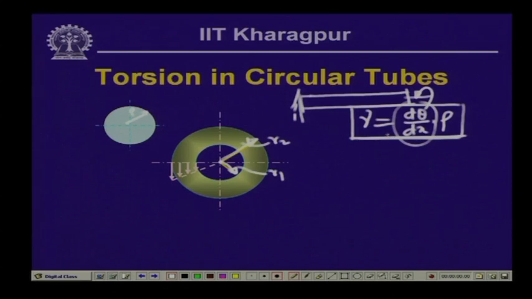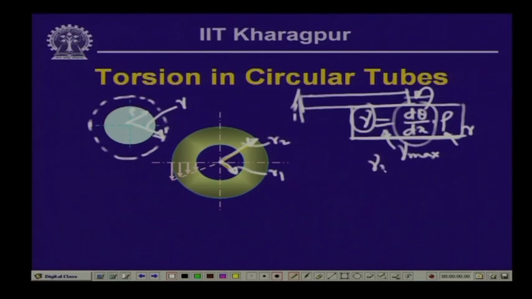Now, coming back to this expression, the maximum strain gamma max occurs at the outer periphery of the whole tube, and if we call this radius r, then when rho becomes r, that gives us the maximum strain. So, gamma max is equal to d theta dx times r.